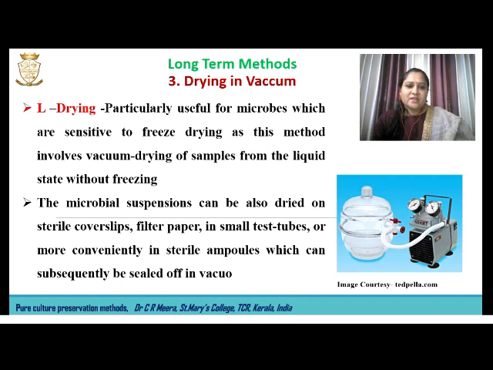In this method, the freezing of the liquid media is not done as vacuum is involved. Instead of liquid media, we can also make use of sterile cover slips, filter paper, small test tubes or ampules for drying the microorganisms in the desiccator.